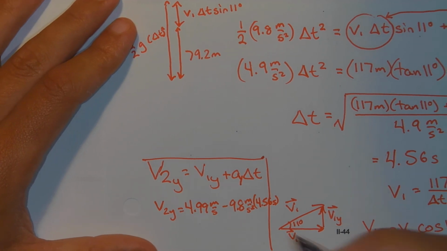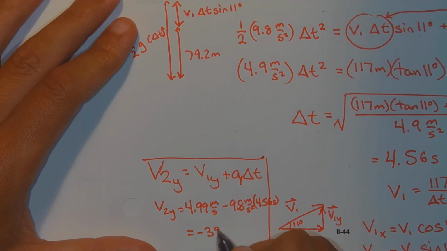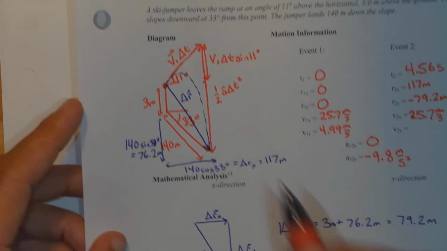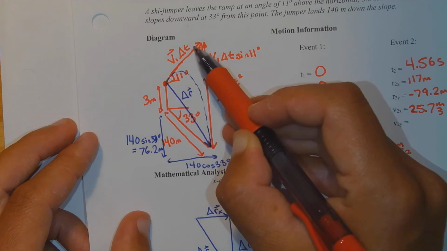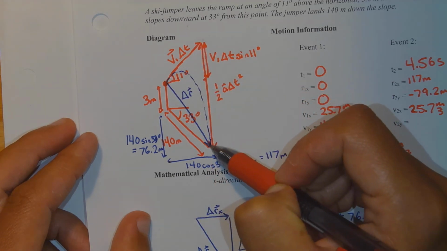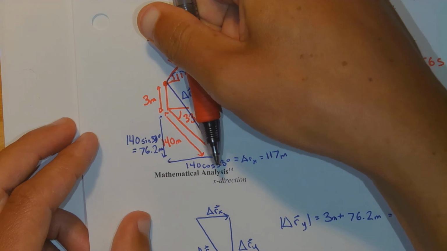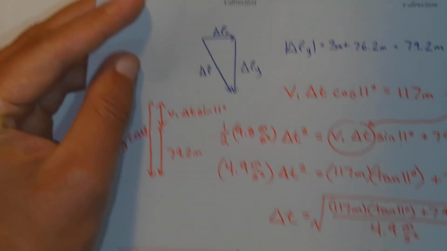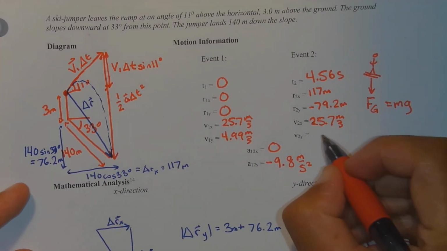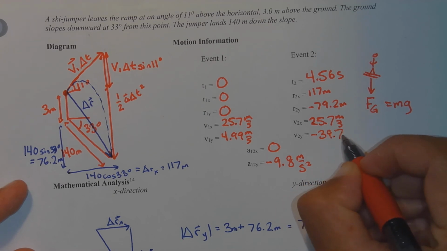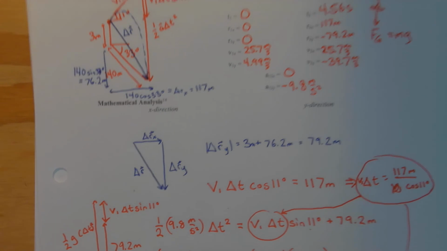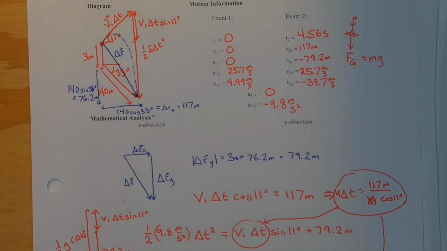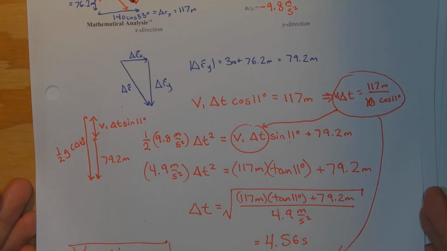And that gives me negative 39.7 meters per second. It should be negative because the skier started off going in this direction with the initial velocity, and when the skier comes down and hits the ground, now the velocity is pointed this way. So that would be negative 39.7, and that goes in our table here. And that concludes the problem.